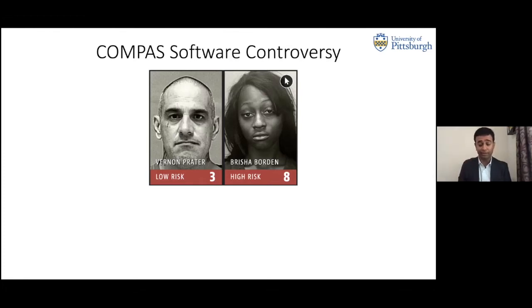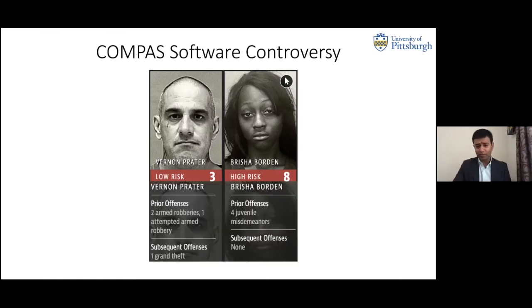But if you look at their crime history, you see that the person on the left-hand side has committed 2 armed robberies and 1 attempted armed robbery, and still the algorithm thinks that this person is a low-risk person and will not reoffend.